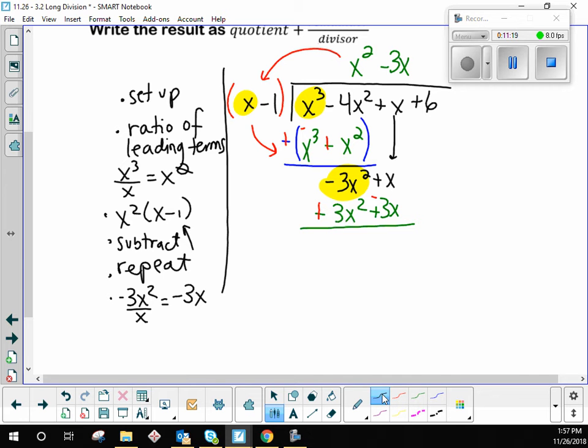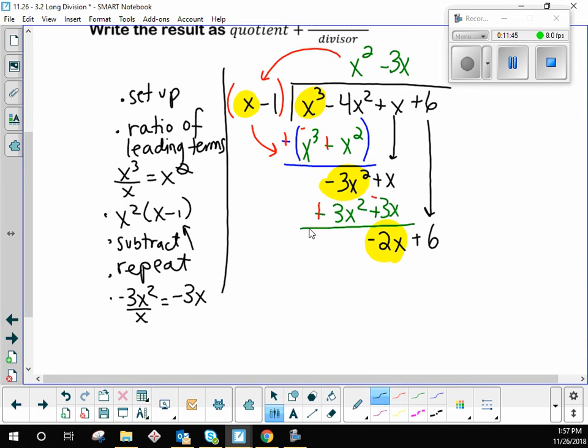So negative 3x squared and positive 3x squared drop out. Positive x minus 3x is a negative 2x. Bring down the last term. Wash, rinse, repeat. I've got this first term here, x, and this first term here, negative 2x. x times what would give me negative 2x?